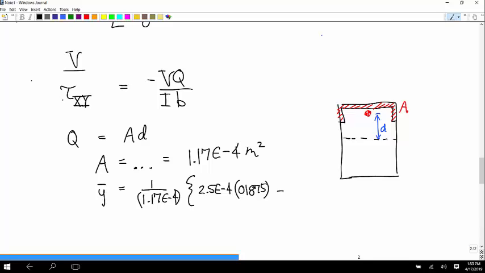And then subtract the area of that removed rectangle, 1.33 times 10 to the minus 4, times the centroid of the removed rectangle, which is 0.01725. And you get a value of 0.205.